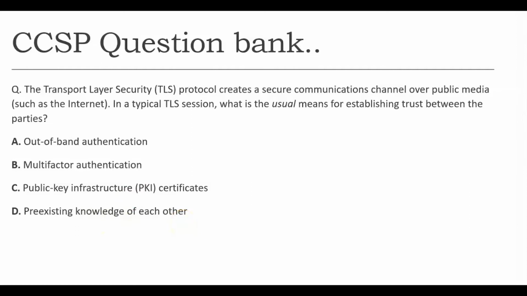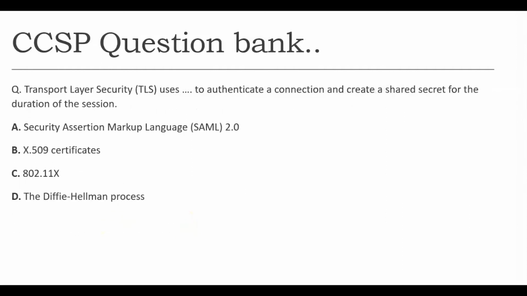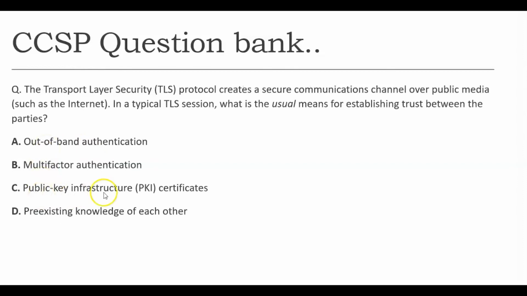Now they have changed the way of asking the question. In the previous question, they asked this by giving the X509 certificate. They might have given the digital certificate. Now this time they have given PKI certificates. So this is the same; the way of asking has changed. The question is the same, the language has been modified a bit, and the same happens in the exam.